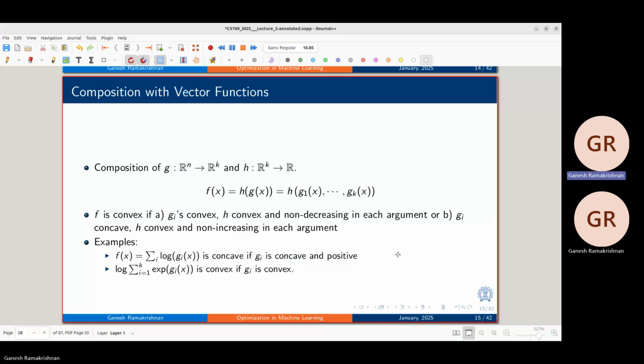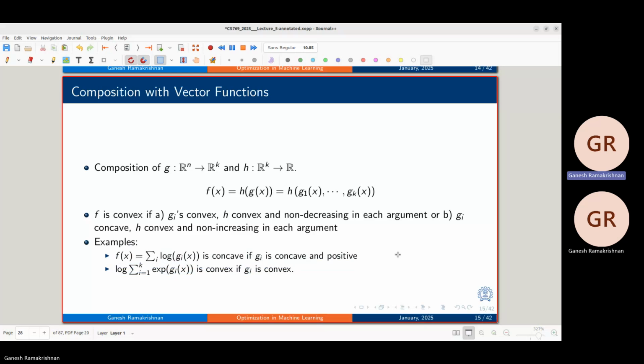Minus of log. I mean, here I've taken log. Log is concave, by the way. So I've made a leap here. A function is concave if its negative is convex. Sorry, there's a little bit of leap I'm going to use off and on.